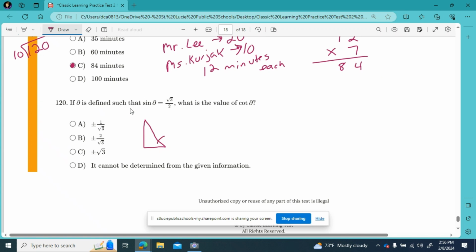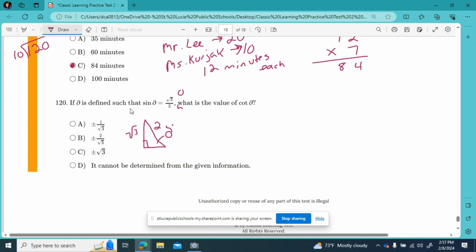Here's my little squiggle angle. And sine is opposite over hypotenuse. So we've got opposite square root of 3 over the hypotenuse is 2.